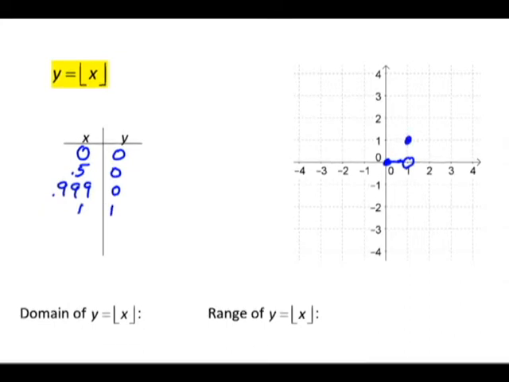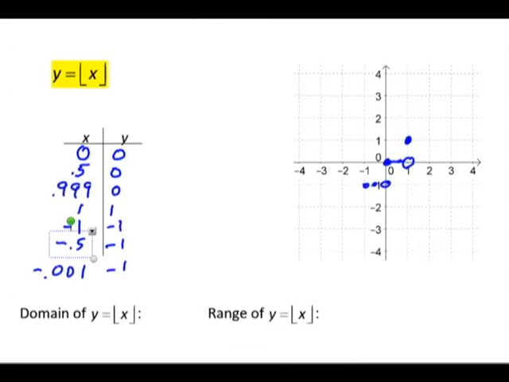Similarly, if we look at some negative numbers, negative 1 gives negative 1, and negative 0.5 gives us negative 1. And again, we can get as close to 0 as we can, and the floor of that number is still going to be negative 1.